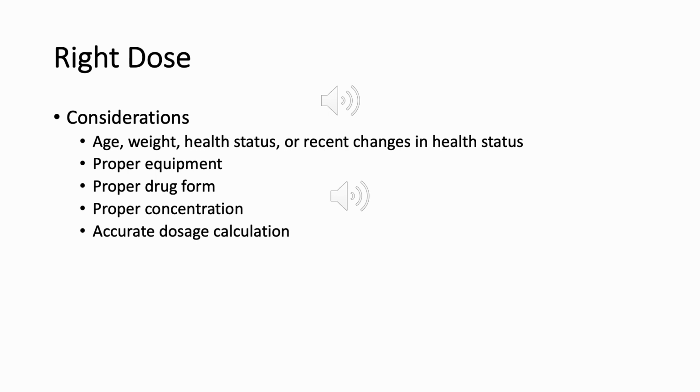For high alert drugs, many healthcare settings have policies that require 2 nurses to check any drug dose that must be calculated, particularly for drugs such as narcotics, heparin, insulin, or IV drugs to reduce the risk for error.